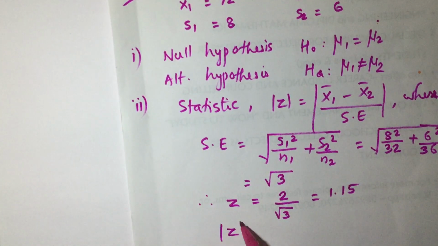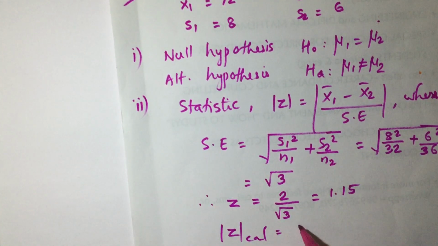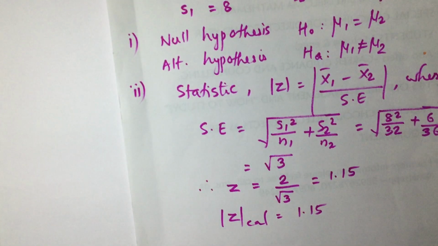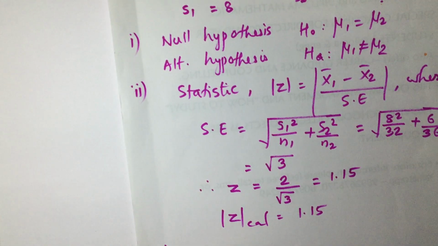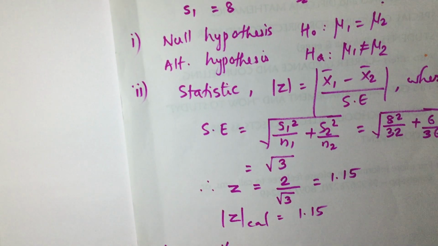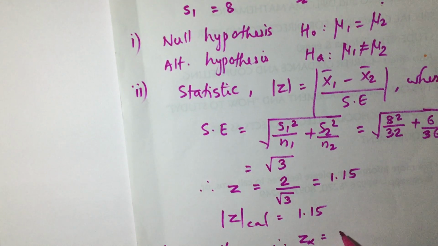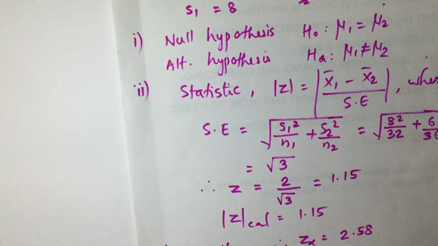Therefore modulus of Z, that means Z calculated value is 1.15. Then it is given alpha is 1%, therefore Z alpha from the table is 2.58.